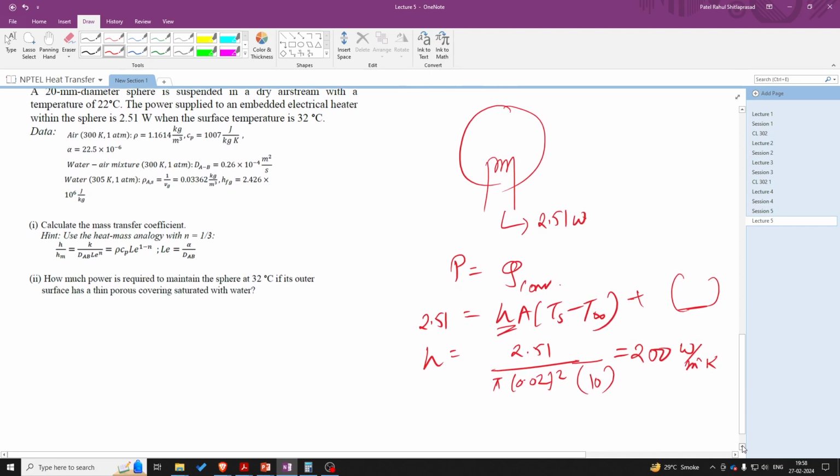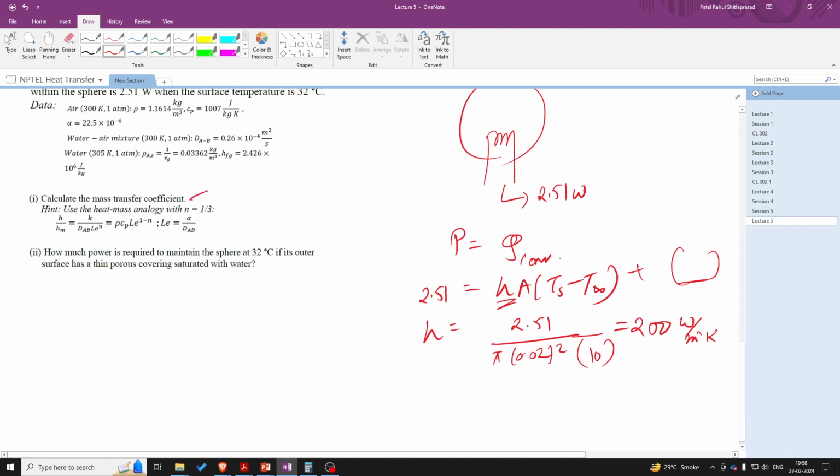Now in the question we have been asked to find the mass transfer coefficient, and we have been given this correlation that we can use. From this correlation we can write that h upon hm, which is what we have to find, the mass transfer coefficient, will be equal to rho Cp Lewis number raised to 1 minus n.